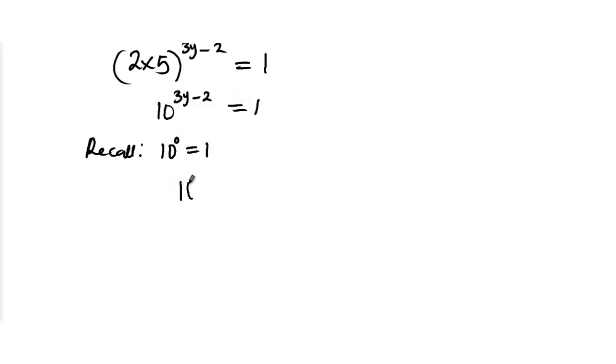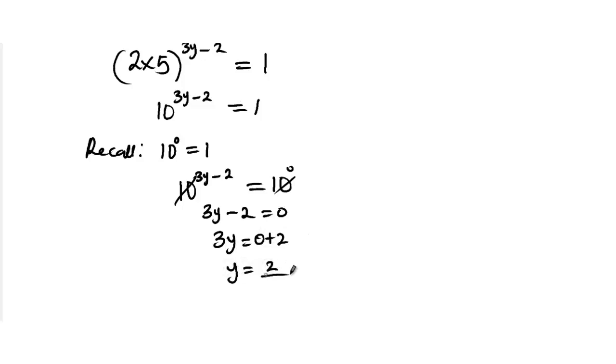So I can say 10 raised to power 3y minus 2 is equal to 10 raised to power 0. 10 cancels 10, so 3y minus 2 is equal to 0. So 3y is equal to 0 plus 2, of course. So y will now be 2 over 3. The value of y in that particular problem is 2 over 3.